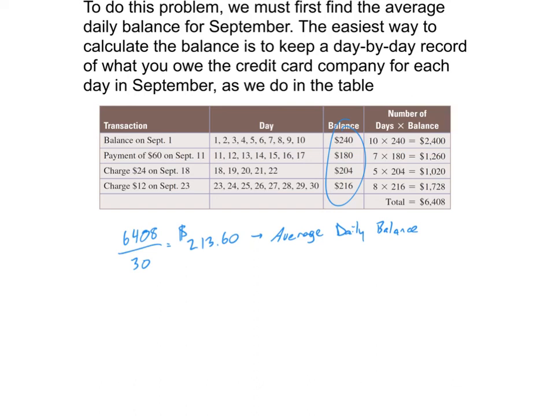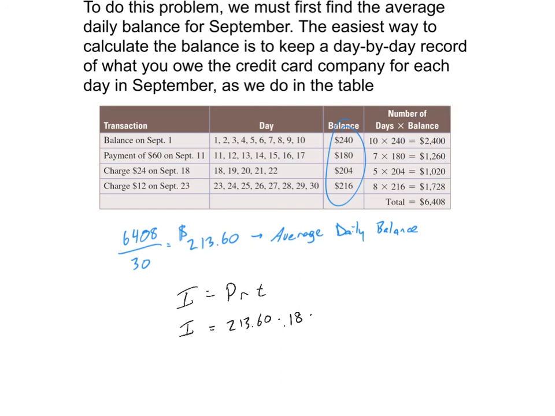So we're going to say, I equals PRT. The principal is the number that we just got, $213.60, times the rate, which from the beginning I believe was 18%, 0.18, times the time. This is the different thing.